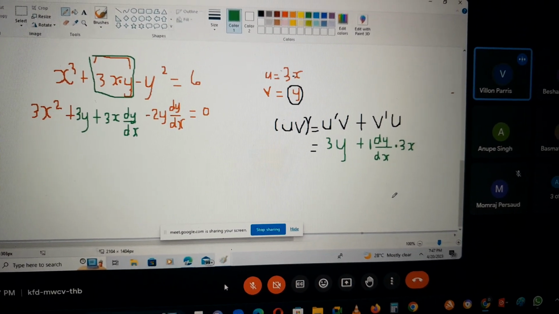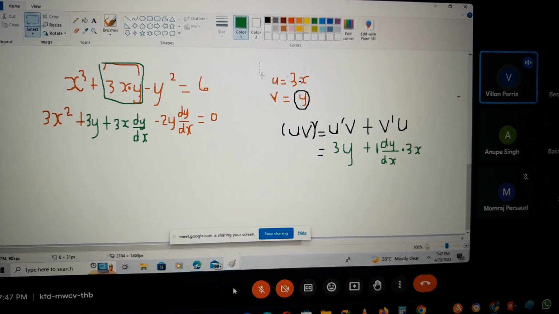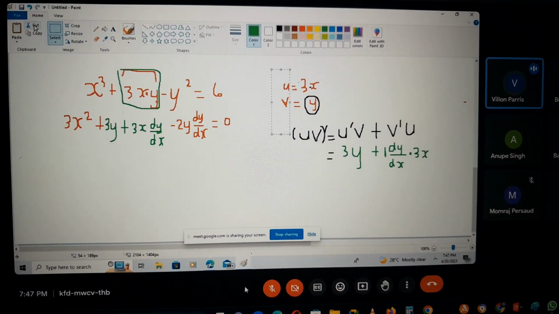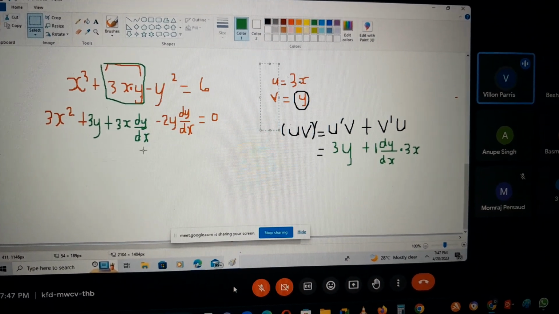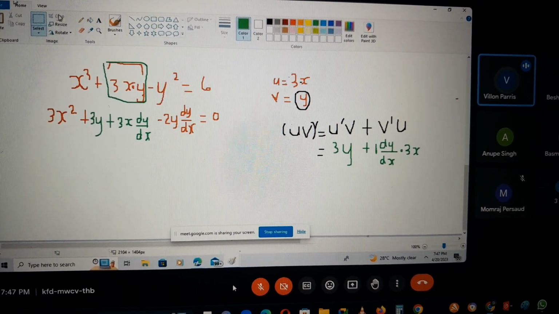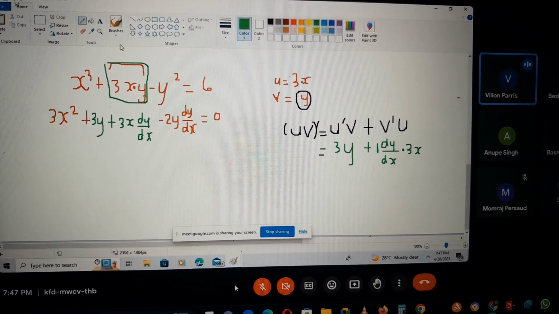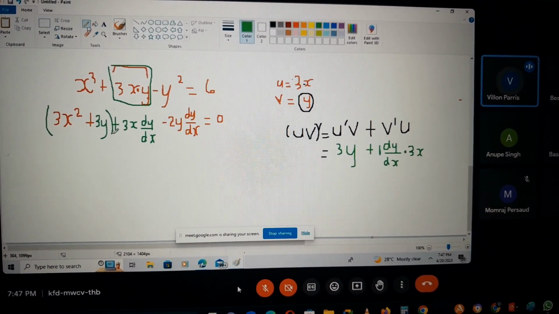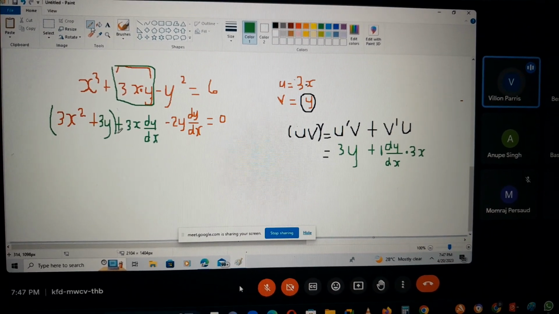Yes, sir. So now what we need to do, once we do that, all we're left with is to make dy/dx the subject of the formula, because that's what we want to find. So I'll move these two terms over to the other side because they don't have dy/dx in there.